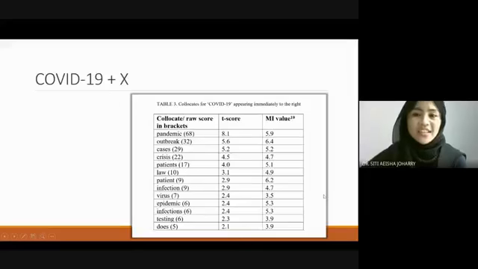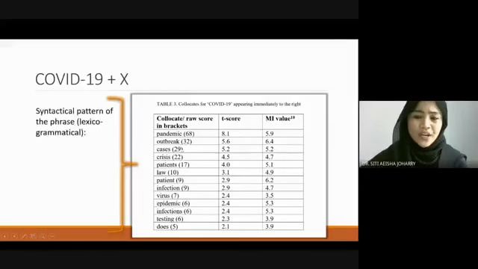So the next thing, when we have explained a little bit about the word list, we want to then look at collocates, right? In the collocational analysis, this is one of the ways you can present your data. Again, we used a combination of T-score and MI. So these are your frequent or strongly associated collocates with the word COVID-19.